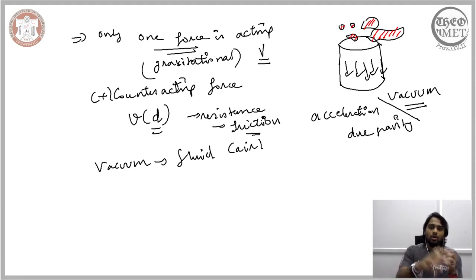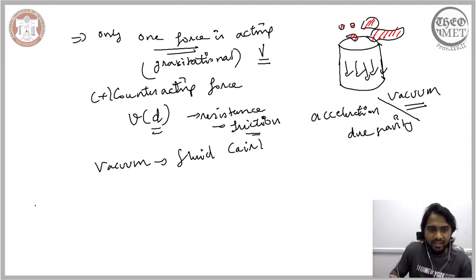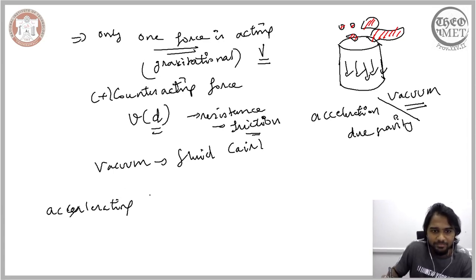So when you consider the theory of classification, what classification theory requires is two counteracting forces. One is an accelerating force that governs acceleration. Pardon me if my spelling is wrong. In addition to that, you have a counteracting or resisting force.